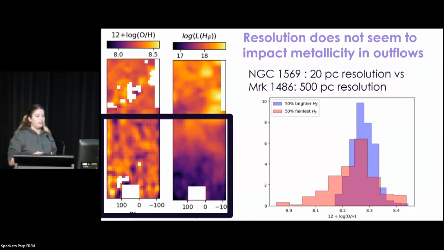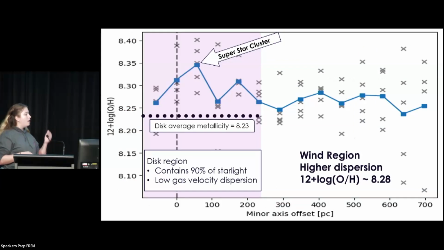And here I'm showing you a metallicity profile of my galaxy. The x-axis is distance along the minor axis, with 0 being the midplane of the disk. The pink area here corresponds to the disk, and the white area is the wind or the outflow.